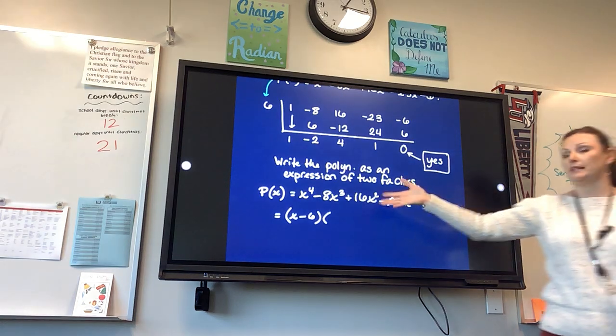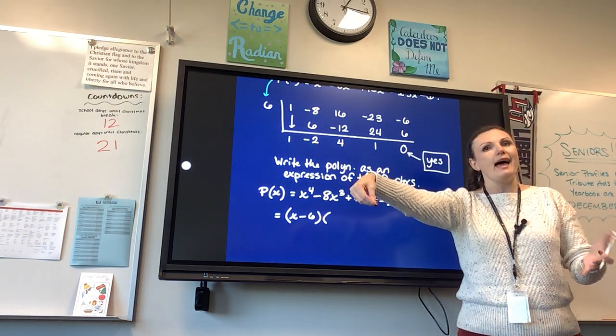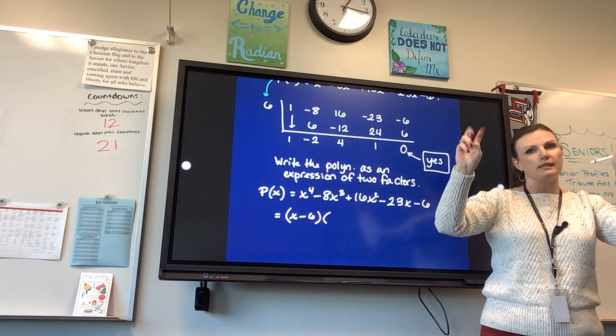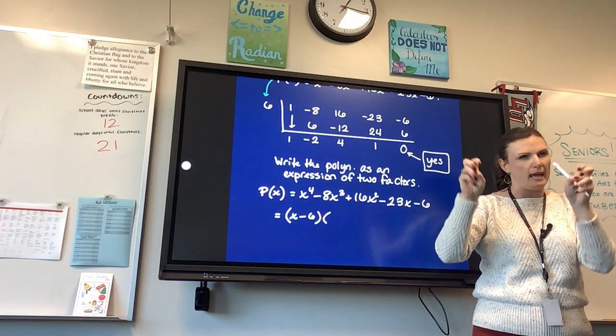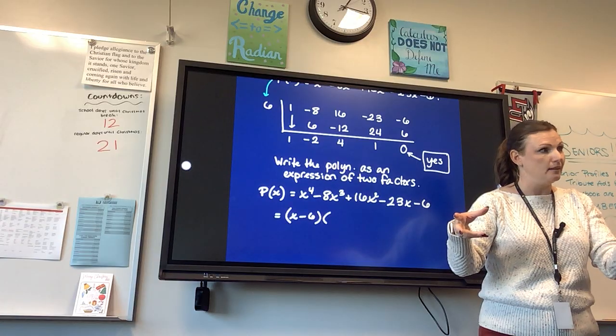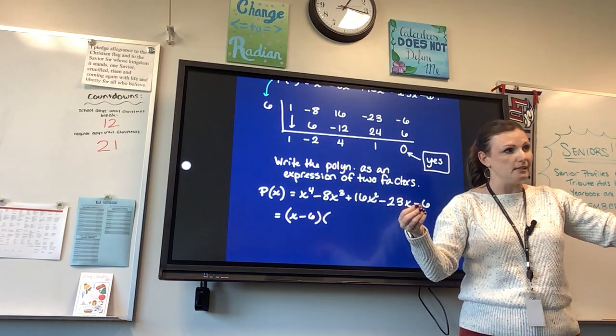Like if you could have taken out a 2, you'd write the 2 on the outside, and then you'd write what's left. How do you get what's left if you're just taking out a 2? What are you really doing when you're taking out a 2? You're dividing out, right? So you divide out the 2 and you write what's left, yes?